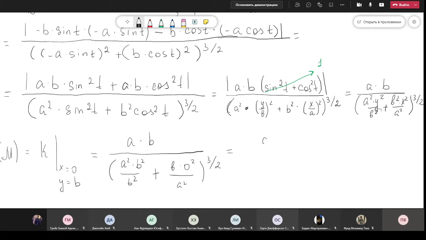It equals a times b in the numerator. In the denominator, b squared over b squared cancel out. In this we stay a squared. Here 0. And we have a squared with power 3 over 2.